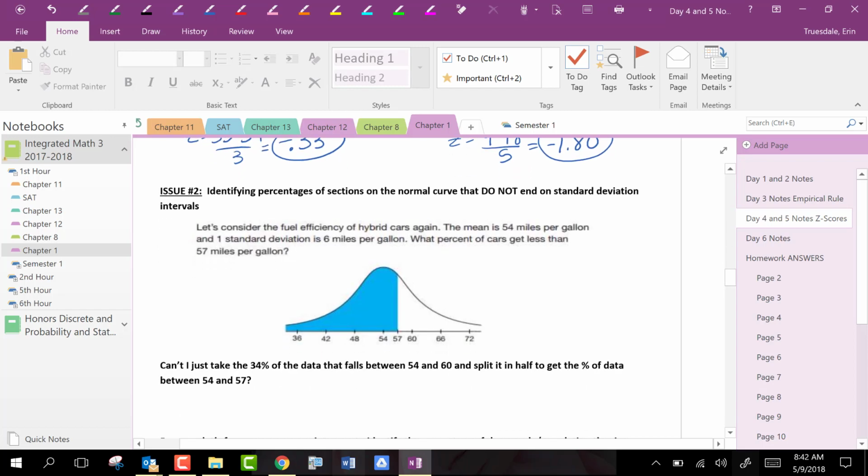Can't I just take this 34% that would fall between 54 and 60 and split it in half to get the percent that falls between 54 and 57? Let's look at this.